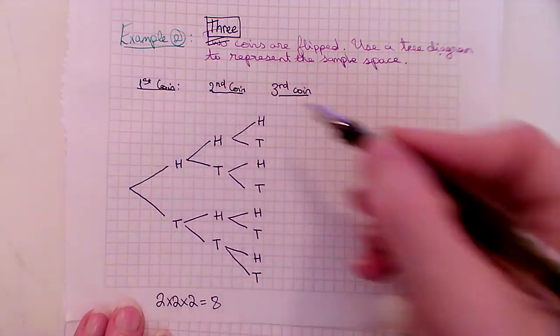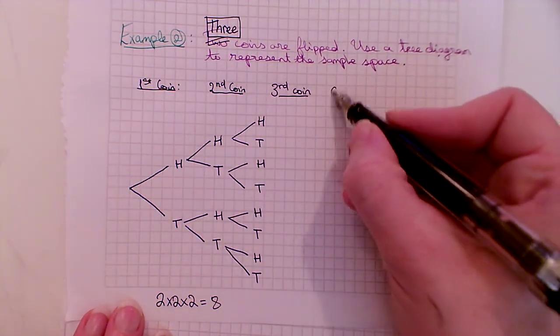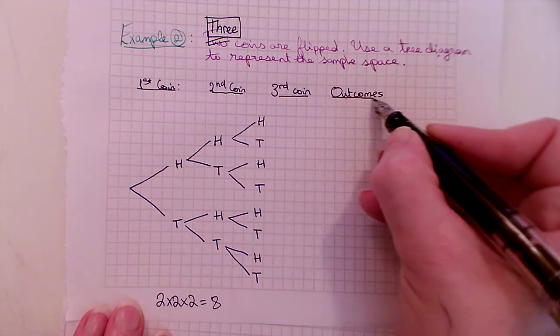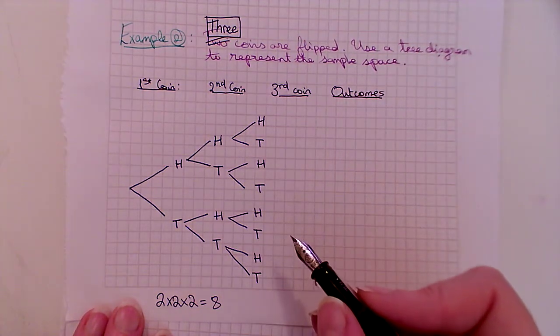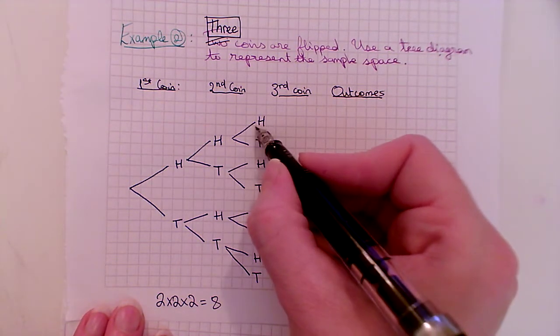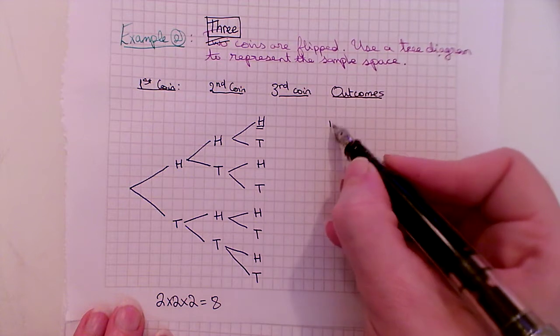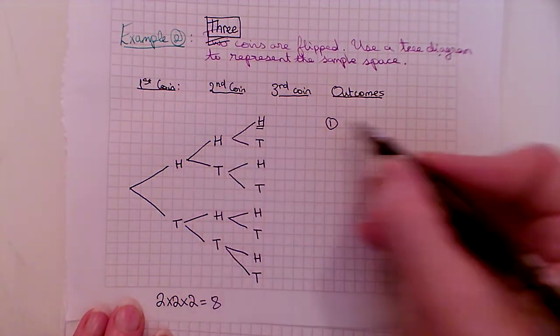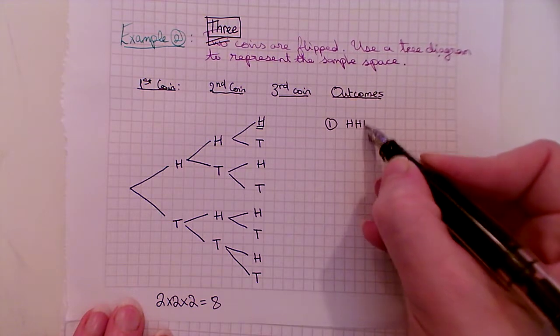Now, I didn't line these up particularly well. Let's list the outcomes. So my sample space is not complete until I've listed all of the outcomes. Let's go through each of these. This one was 3 heads in a row. Heads, heads, heads.